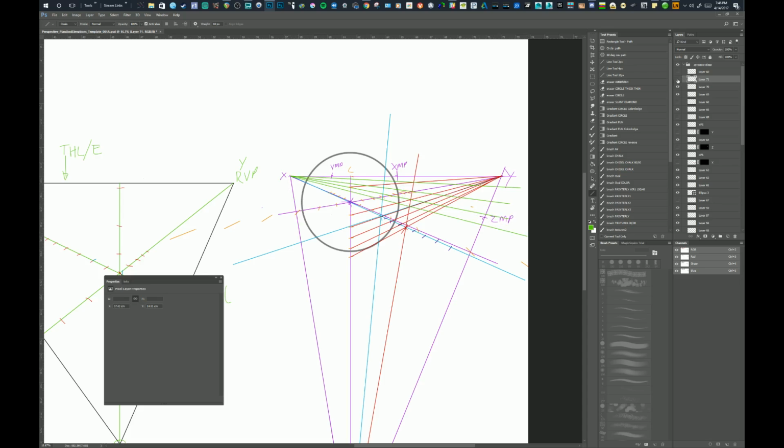Did I create a new layer for this? Yes, I did. And I think I'm not crossing. I'm seeing double here. There we go. So I'm crossing this unit, that unit, that unit, that unit, that unit, all the way back.